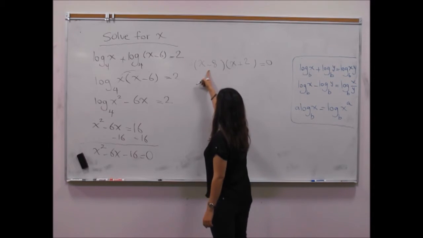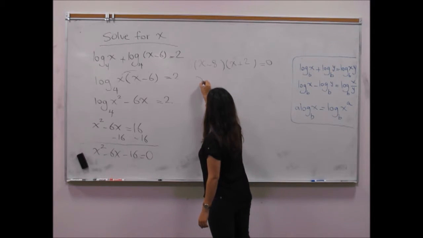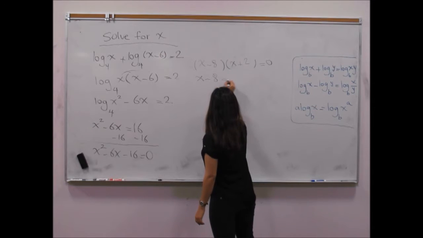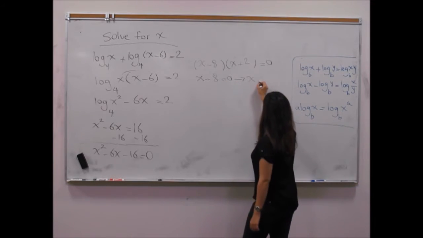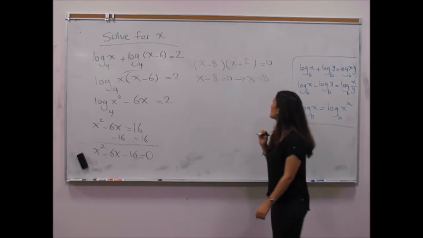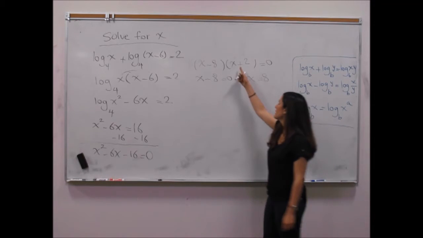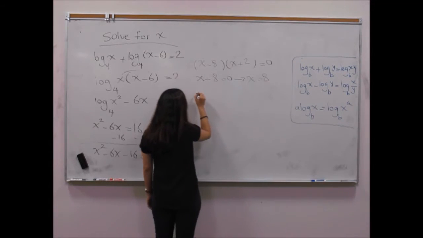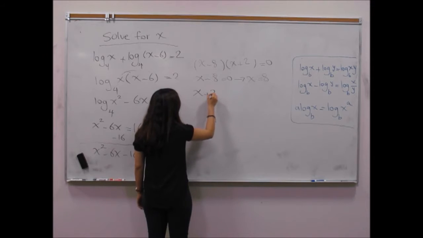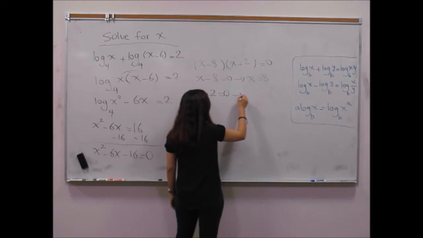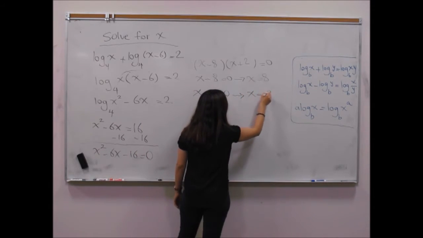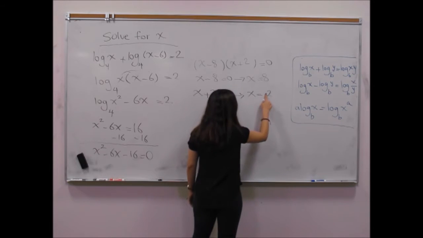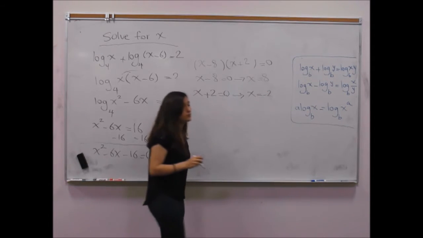If the first parenthesis is equal to 0, I have x equal to 8. This is one answer. And if the second parenthesis is equal to 0, x equal to negative 2. So I have two possible answers.